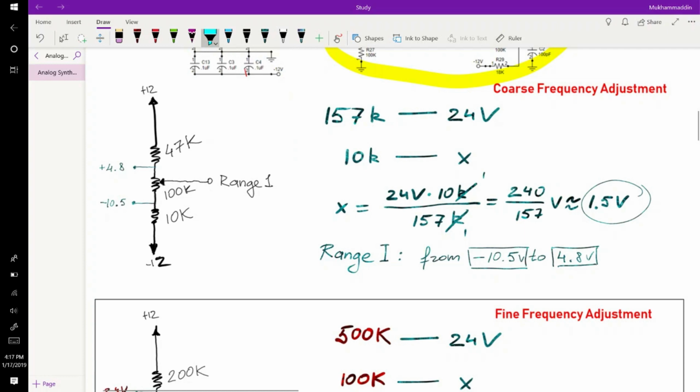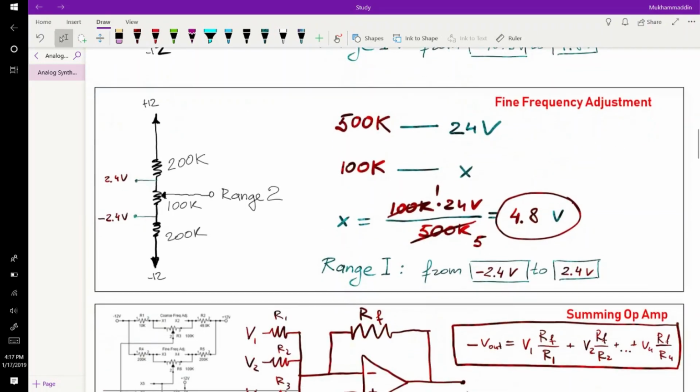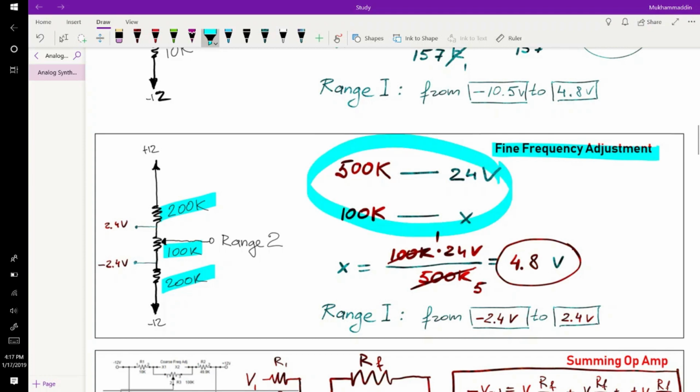So that is the range for coarse frequency adjustment, and this is the calculation for fine frequency adjustment. You have 200k resistor on the bottom and on top, and between them 100k resistor. So we do the same kind of calculation, and we find that for every 100k resistance there is 4.8 volt drop.